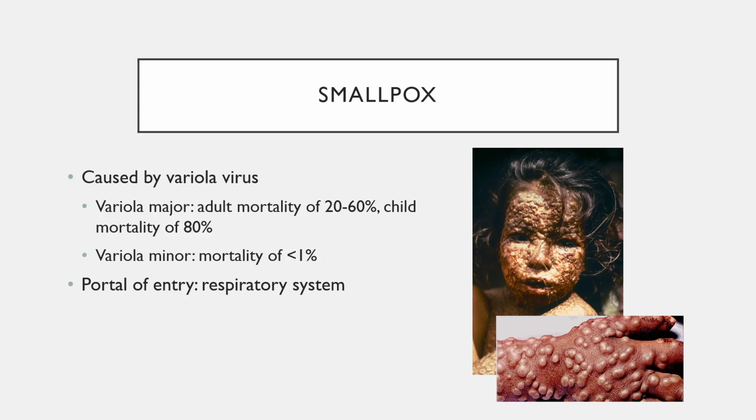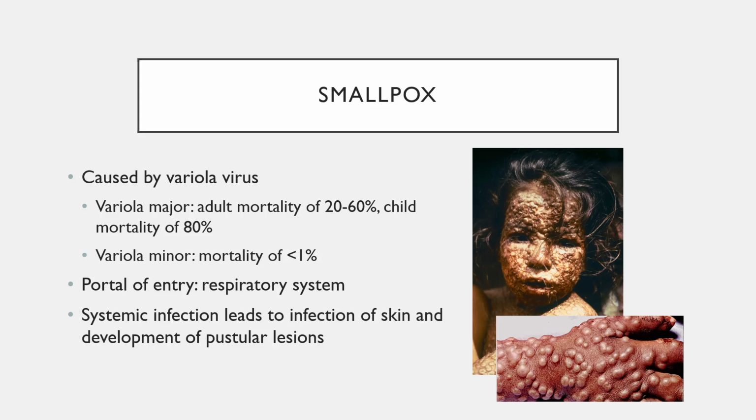From the respiratory system, it travels systemically and leads to the formation of pustular lesions on the surface of the skin. And it is the only human disease to ever have been completely eradicated worldwide, as we've talked about before, through an aggressive vaccination program to eliminate this disease.